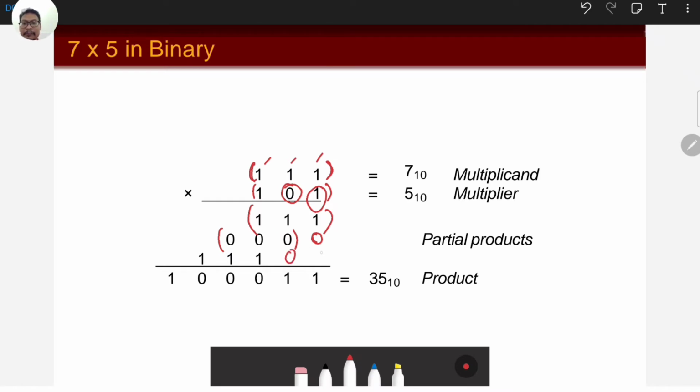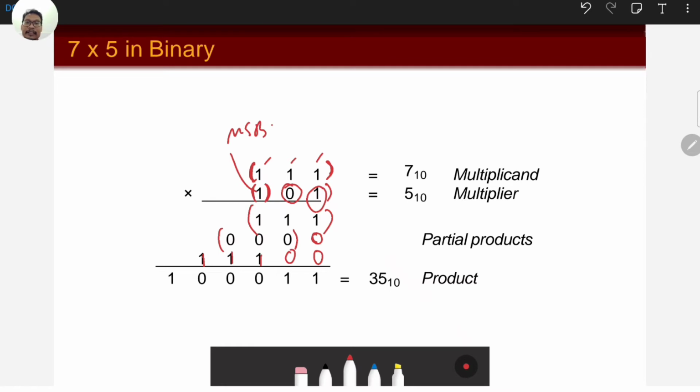Then we drop 2 zeros down here, just like a standard multiply. And we multiply 1, 1, 1 with the final one at the MSB. Here is your MSB. We are going to get 1, 1, 1.